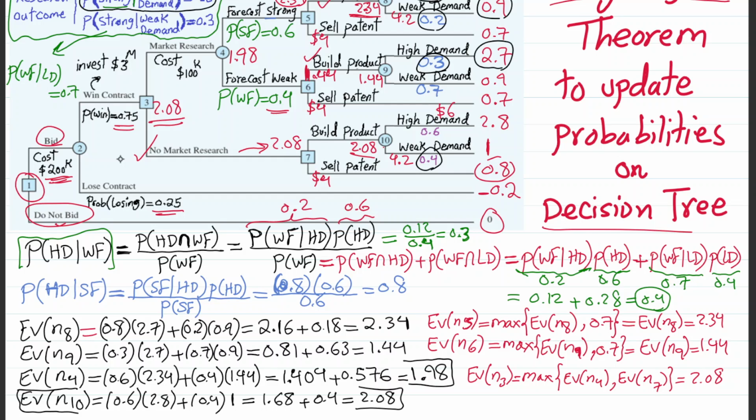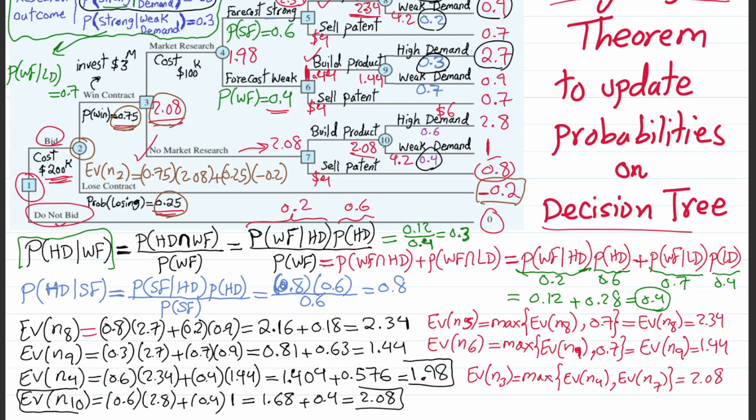So the last thing we need to do on this decision tree is the nice step of finding the EV of node 2, which is 0.75, this probability, times 2.08, plus 0.25, losing, times negative 0.2 as a result of losing, which we can compute, and that would be the EV of node 2, which is effectively the expected value that we're going to get from this project, basically, because that's the last one, EV of node 2.